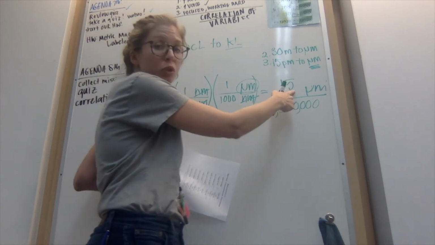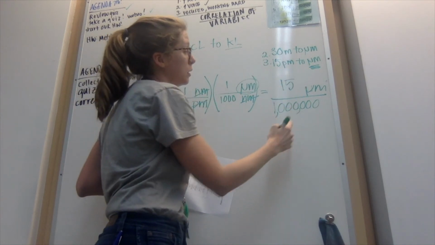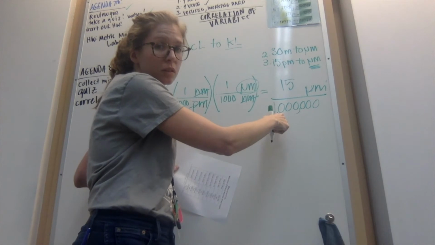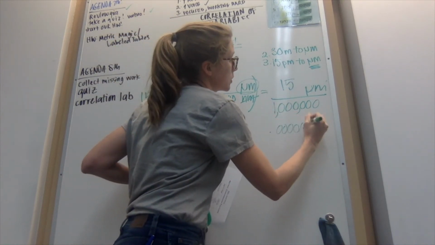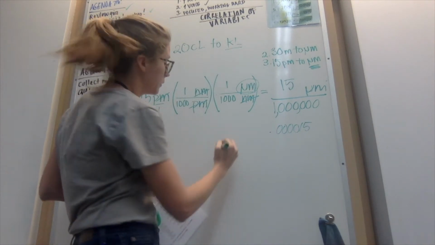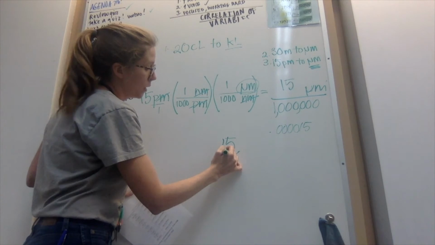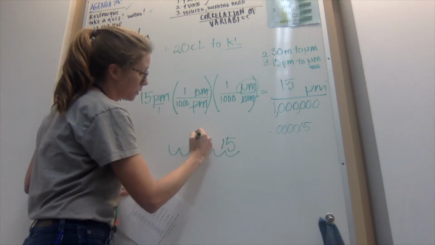Because this is a 2-digit number, it's going to move 1, 2, 3, 4, 5, 6 places. These 2 digits, that's going to give me only 4 zeros in front. Okay? If you need to visualize that, look, 15, the decimal point is there. 1, 2, 3, 4, 5, 6, and then you just fill in the zeros in between.